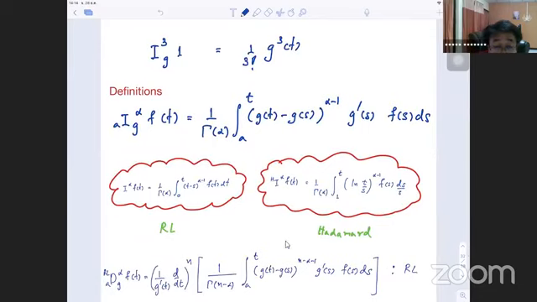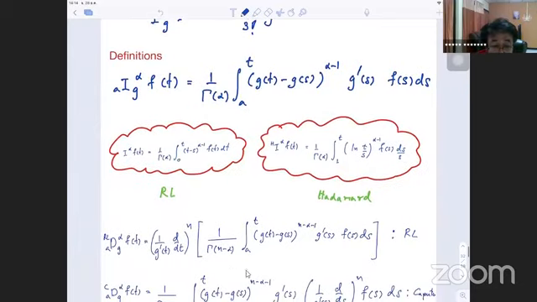And next we see the definition of Riemann-Liouville fractional derivative with respect to function g by this.